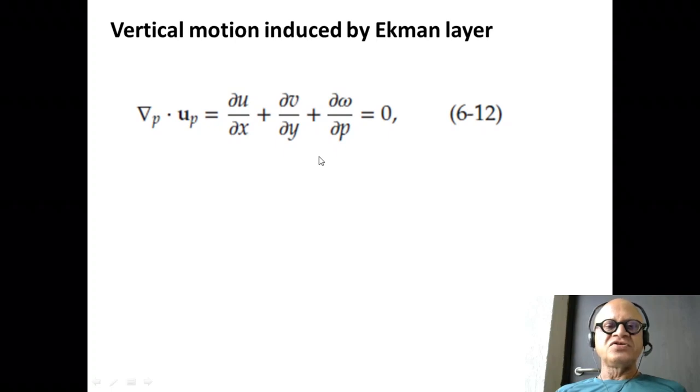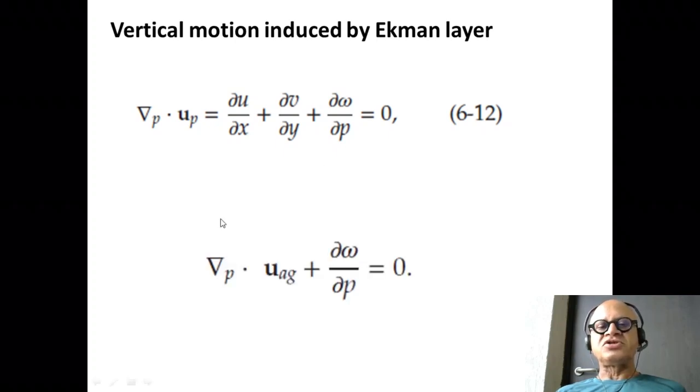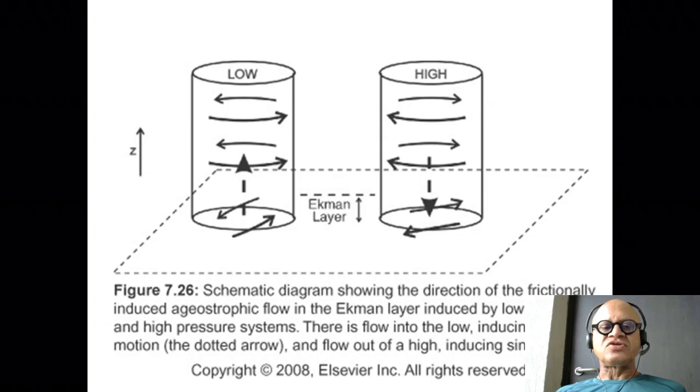It's not vertical, it's normal to the constant pressure lines. Okay, so we can write this as grad p dot u ageostrophic plus d omega dp equal to 0, because we are in the Ekman layer and the velocities are ageostrophic.